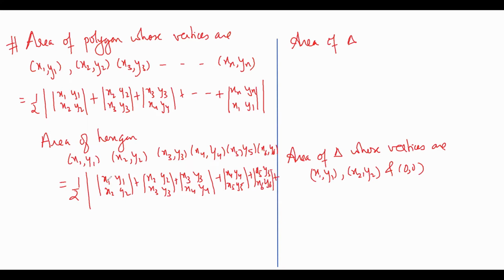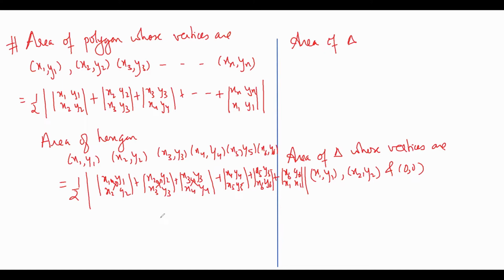That means we are following the order 1 2, 2 3, 3 4, 4 5, 5 6, but at last you have to do x6 y6, x1 y1, and the rest is cross multiplication: x1 into y2 minus x2 into y1, plus x2 y3 minus x3 y2, plus x3 y4 minus x4 y3, and so on.